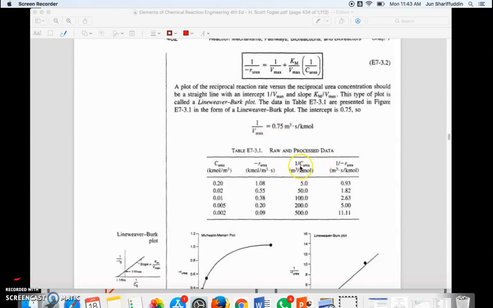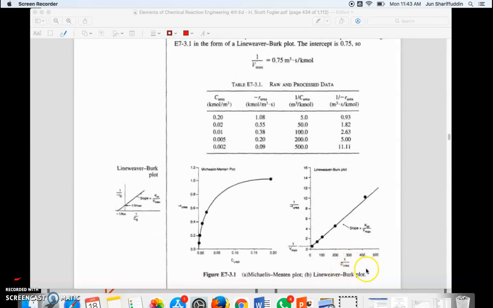That's why you plot 1 over the concentration of urea against 1 over rS. Then you will get a straight line here. So this is your intercept, which is 1 over Vmax, and this is your slope, which is Km over Vmax. Then you will get your Km by replacing the Vmax that you obtained earlier.